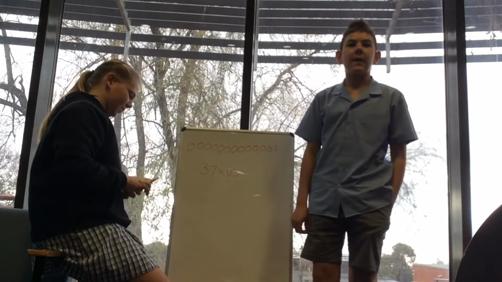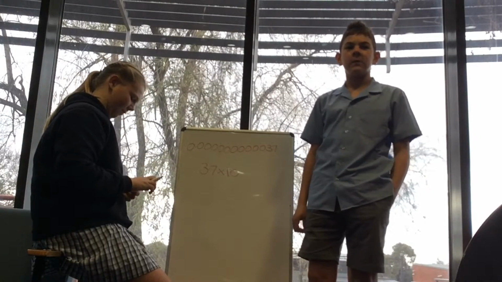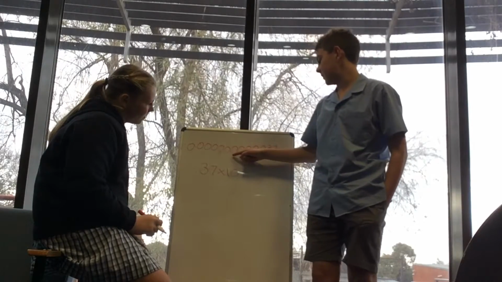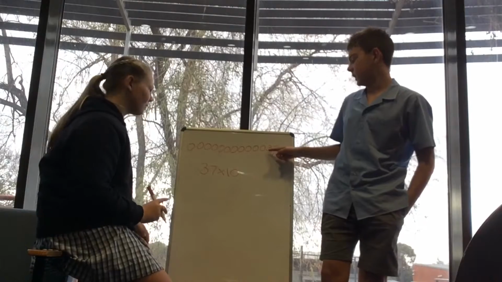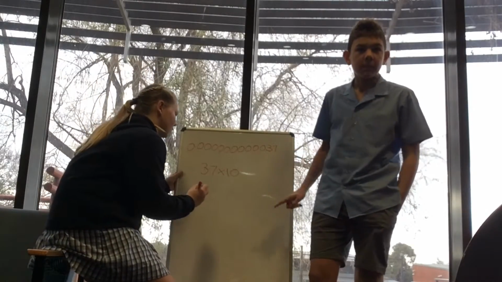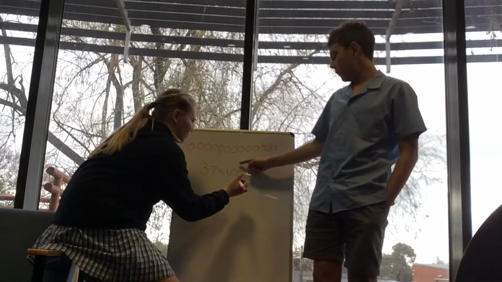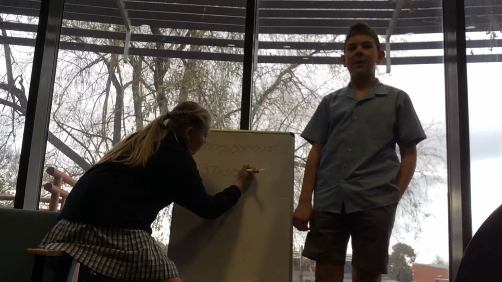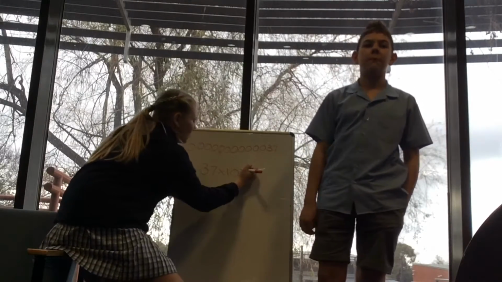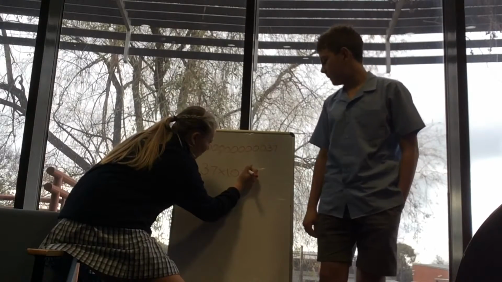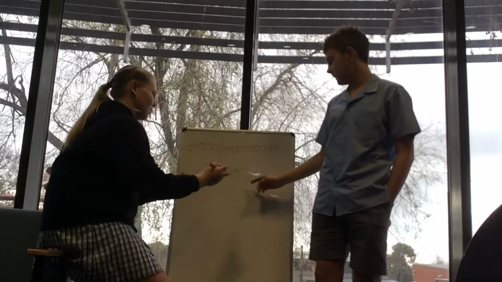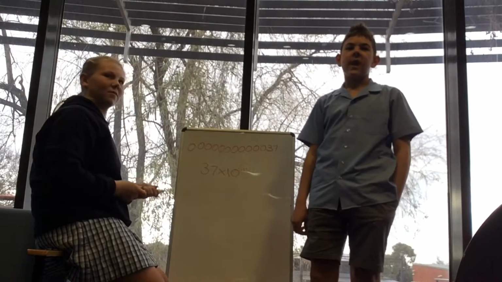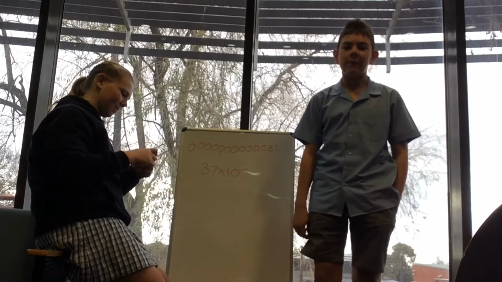Then we count how many digits after the decimal point. 1, 2, 3, 4, 5, 6, 7, 8, 9, 10, 11, 12. Then we put 12 as the power, but put a minus before it. So it's 3.7 times 10 to the power of minus 12. All done. So this is how maths makes everything possible.